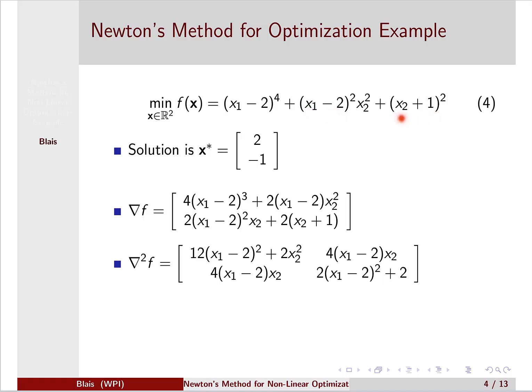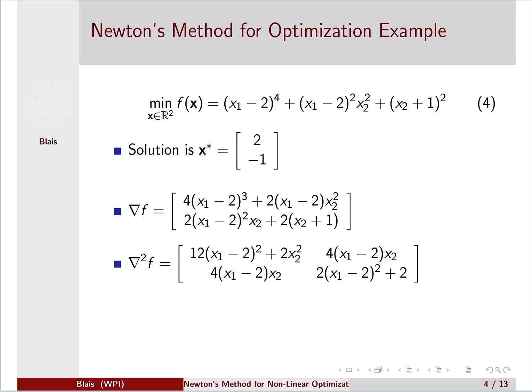And then this last term, which only has x2 appearing, the smallest this can be is 0 when x2 is equal to -1. So we see that the solution (2, -1) will zero out each of these three terms in the sum, and so we confirm that this is our solution.